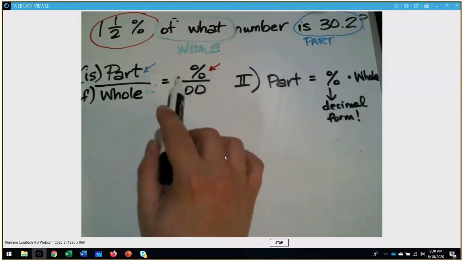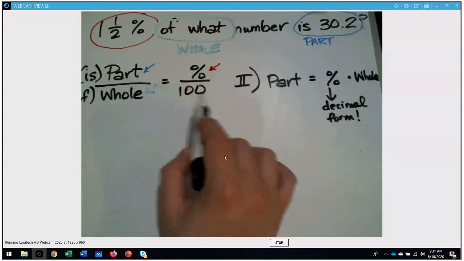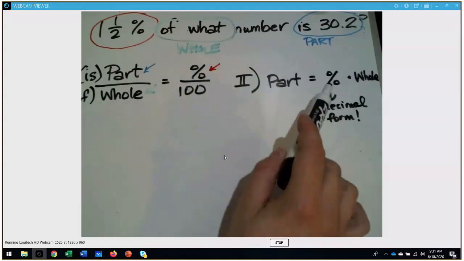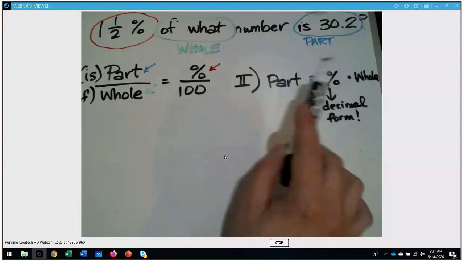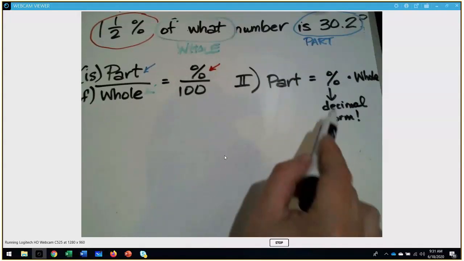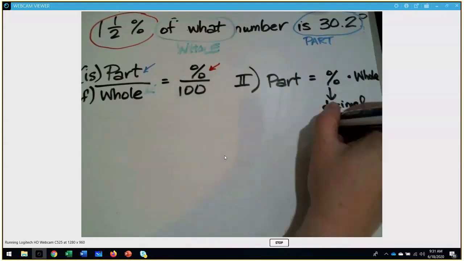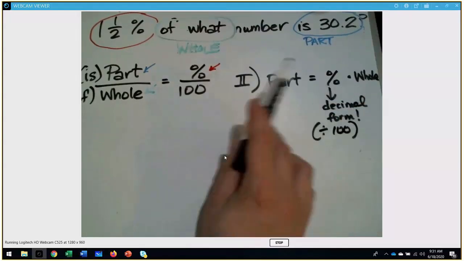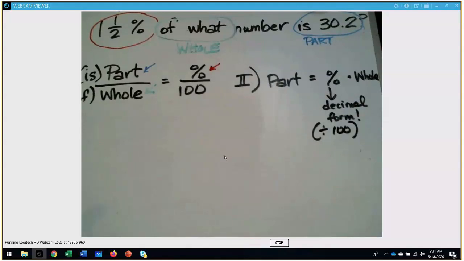You don't have to do that with the proportion because you're dividing by 100 and it does it for you. In this, you don't have a 100 as part of the formula, so you have to divide by 100 yourself before you go ahead and solve it.